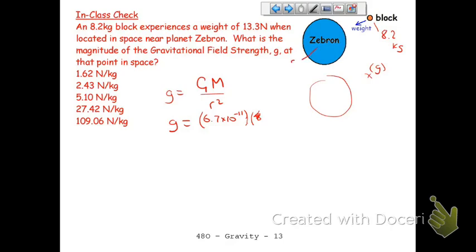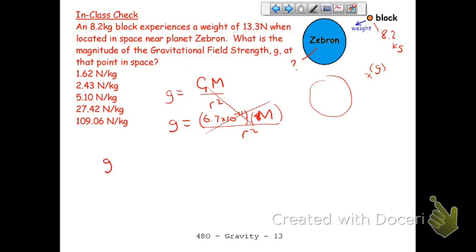Big M, I have no idea about. So that's not going to get me anywhere because I don't know what big M is. I don't even know what R squared is. So that's not going to get me anywhere.